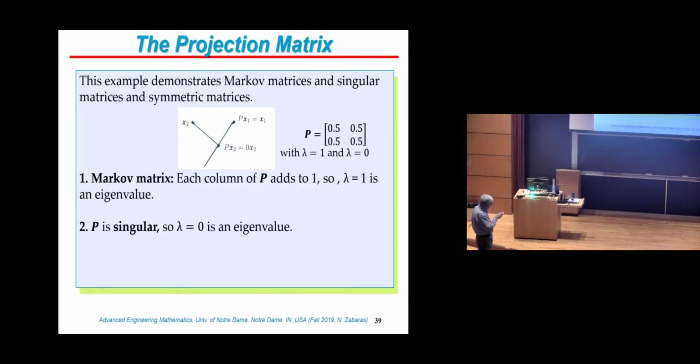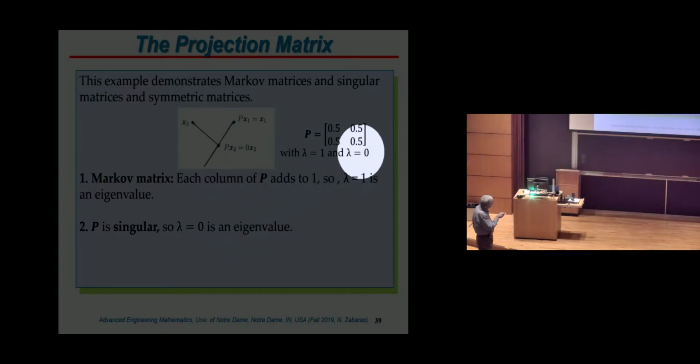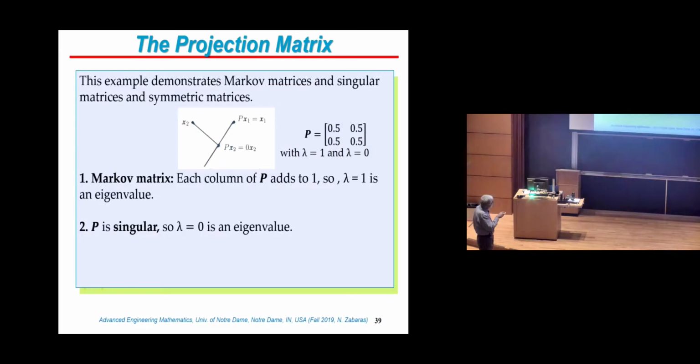It is singular because lambda equals 0. And you know, if lambda equals 0, you are not going to be able to invert this matrix. Because, can you see, if a matrix A has an eigenvalue lambda, what eigenvalues do we have for A minus 1?